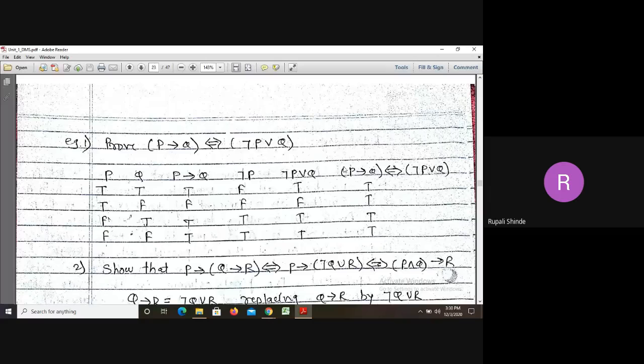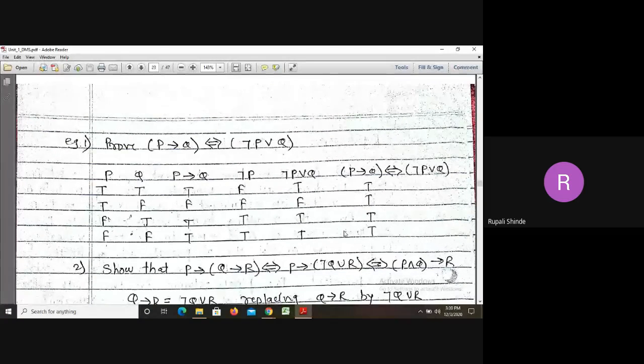And now finally we have to take the biconditional between P conditional Q and negation P or Q. What is the rule for the biconditional? TF and FT give F. Now check whether there is any combination which is TF or FT. No. So here all the values are T only.